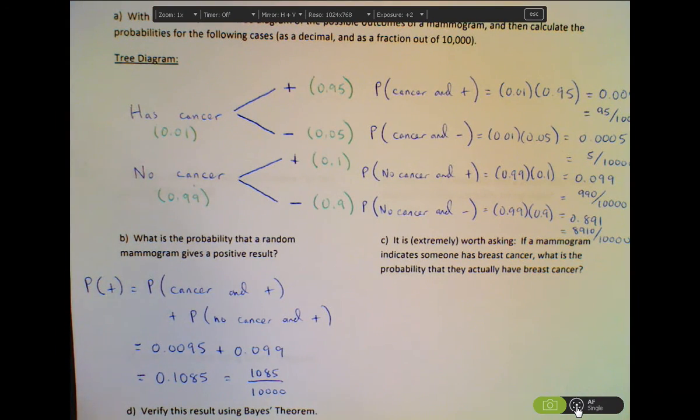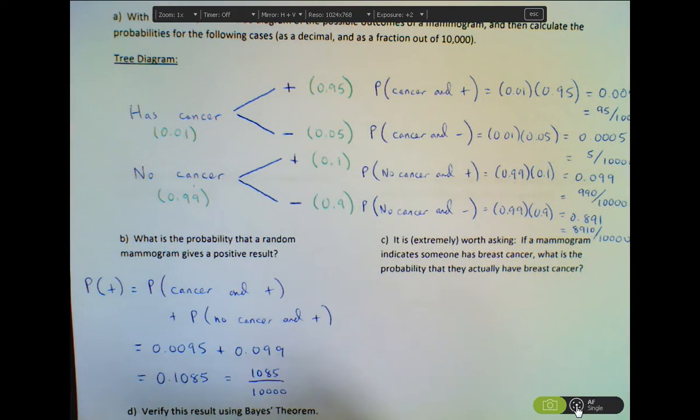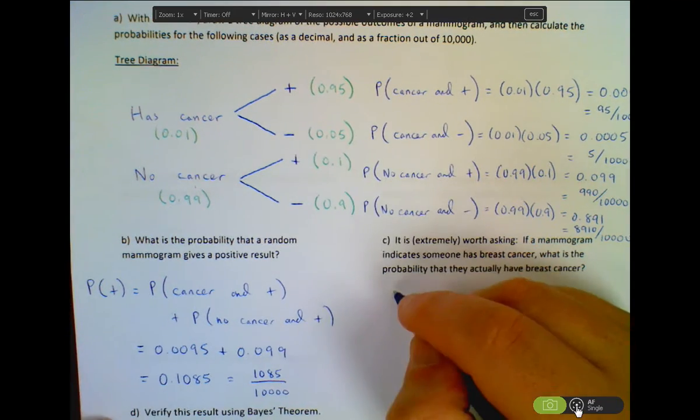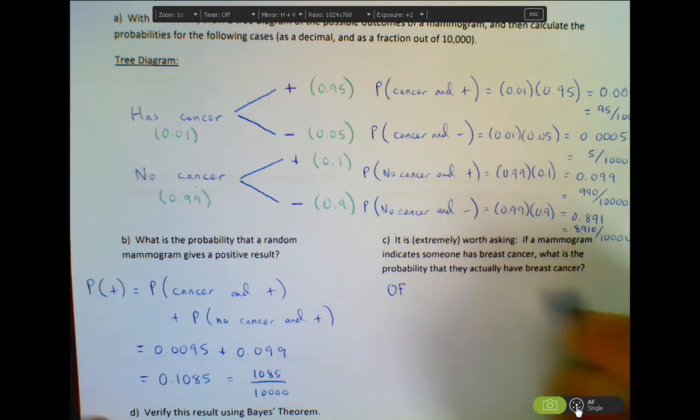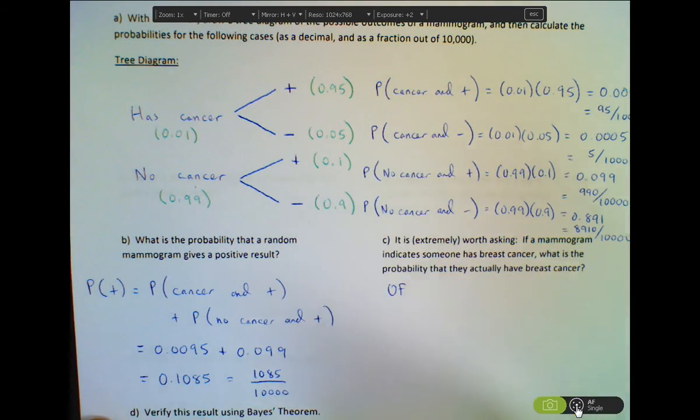It's really, really worth asking. So if a mammogram indicates someone has breast cancer, what is the probability that they actually have breast cancer? So let's think about all the things that we've looked at here. And this is why we found these probabilities out of 10,000. It's going to be easier to frame this question.